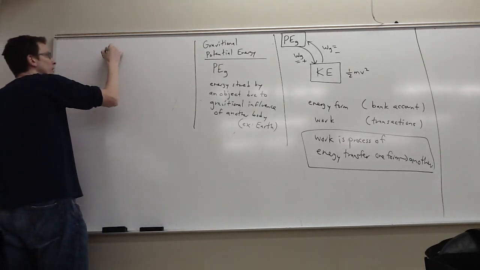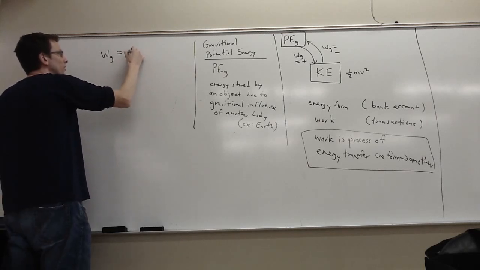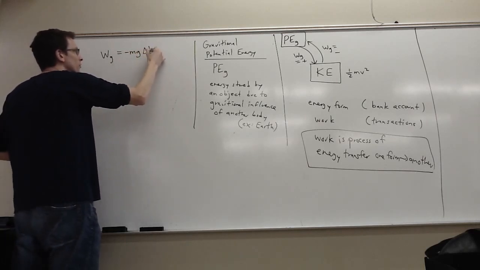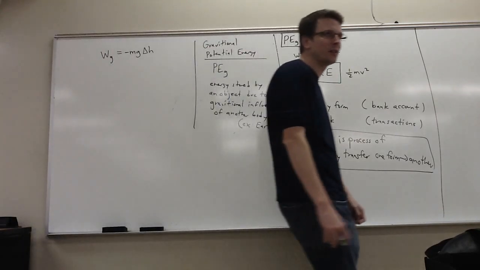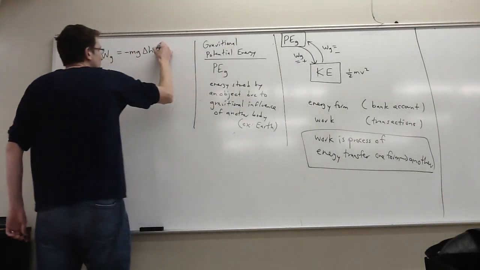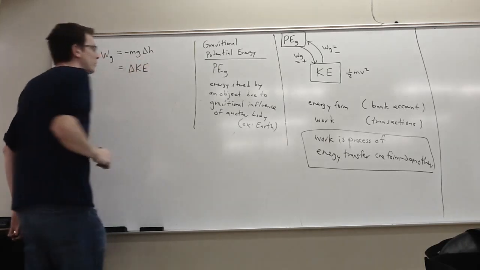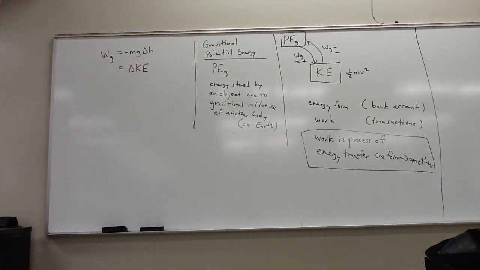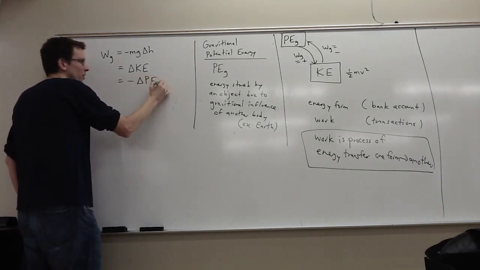The work done by gravity is minus mg delta h. We calculated the general formula for that. We know, generally speaking, work changes kinetic energy. If you're going to change the kinetic energy, you're going to have an equal and opposite change in your potential energy.